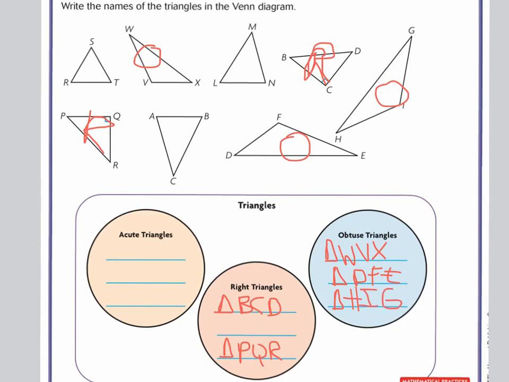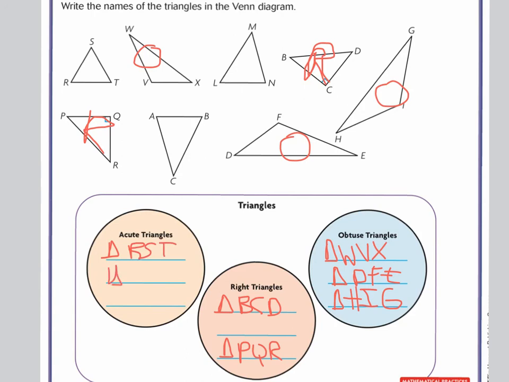And then the acute triangles, we have the leftover ones. I'm just quickly looking at each of the three angles to make sure that they are in fact acute, and I might have to turn my book a little bit just to triple check that. So I have triangle RST.